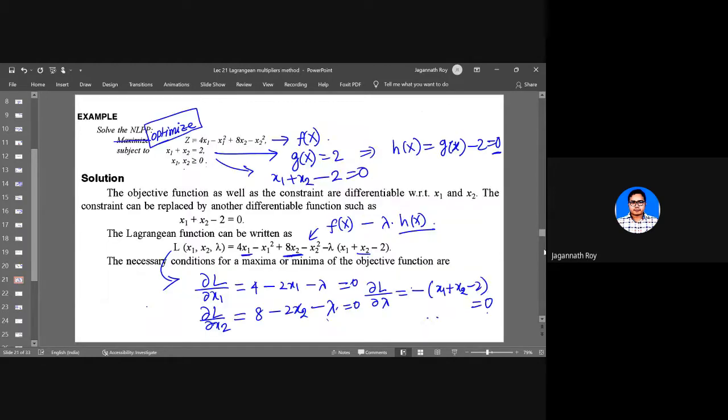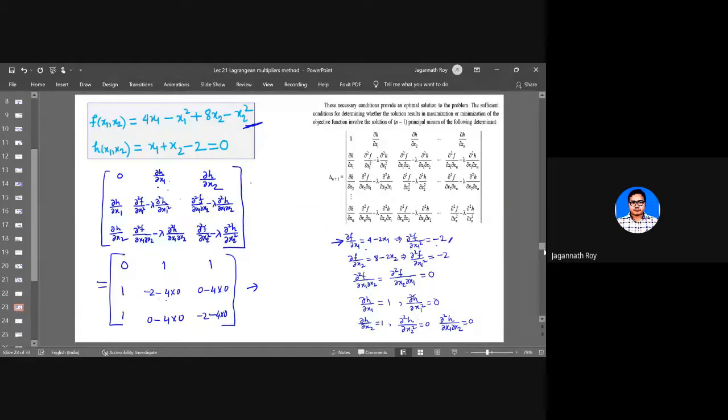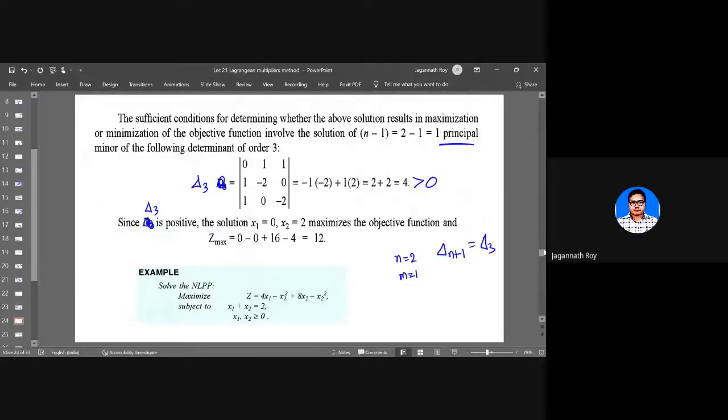And the order of this principal minor is 3 by 3. Okay, since this is positive, so we can call it a maximization. Hence the maximum value will be calculated. So this was our maximization.